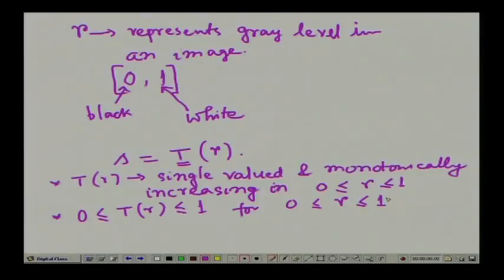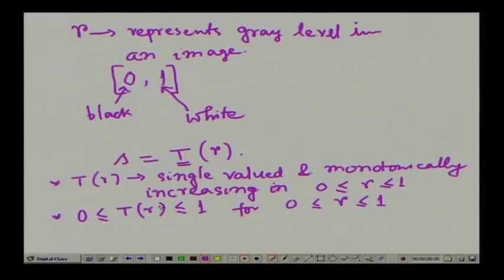So, the intensity ordering does not change in the processed image, and that is guaranteed by the first condition, that is T(R) should be single valued and monotonically increasing in the range 0 to 1 of the values of R. The second condition, that is 0 less than or equal to T(R) less than or equal to 1, is the one which ensures that the processed image does not lead to a pixel value which is higher than the maximum intensity value that is allowed.